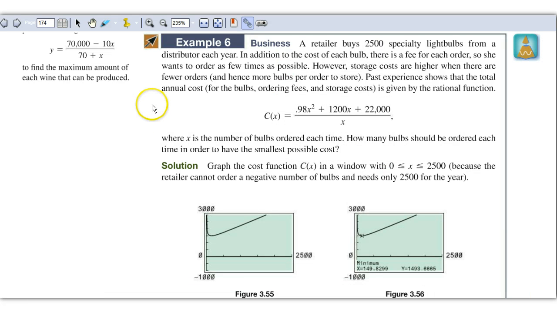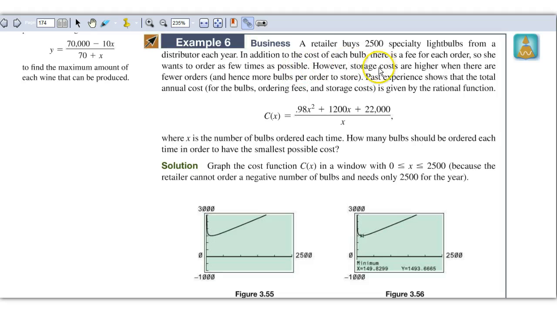Now in our last example, we're looking at a business, a retailer who buys this many specialty light bulbs from a distributor each year. But in addition to the cost of each bulb, there is a fee that he has to pay to place an order. So he wants to order as few times as possible.